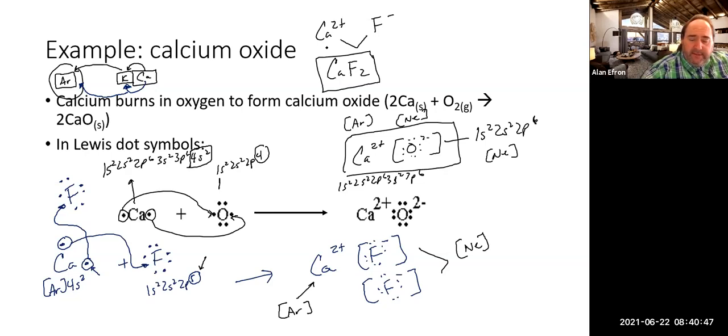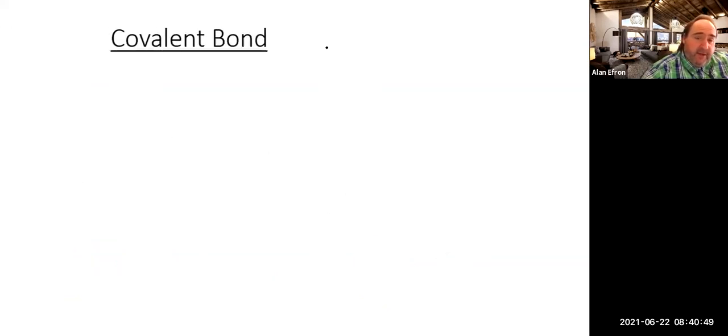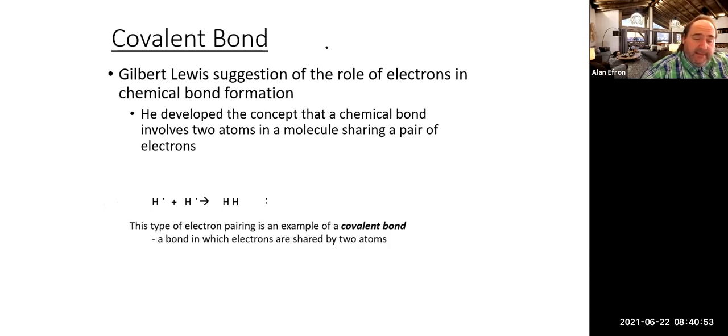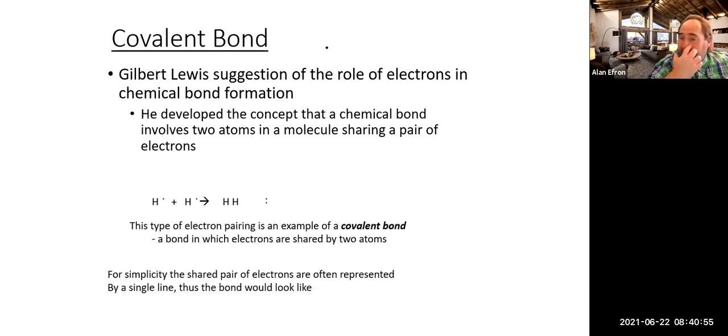All right, then we're going to switch gears here and now talk about covalent bonding. And again, covalent bonding is a little bit different than the ionic bonding that we were talking about just a second ago. We're now talking about 2 nonmetals together, and we're talking about sharing of electrons here.